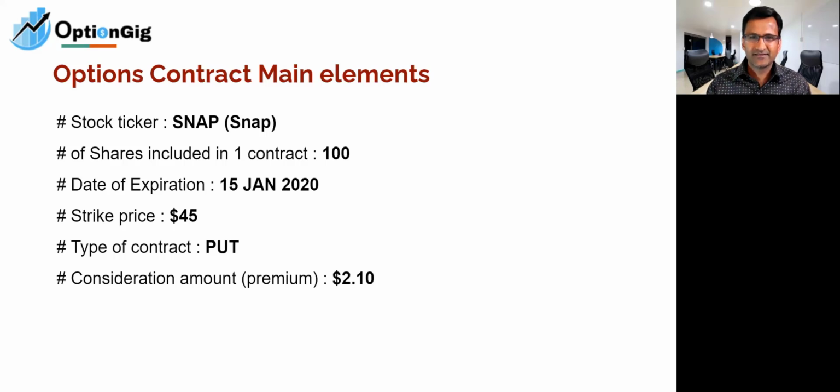Similarly, in this option contract, you can buy and sell. But what privilege it gives you could be different. And that's where the call and the put, the type of contract, will define what privilege you hold if you are buying it, or what obligation you have if you are selling it.